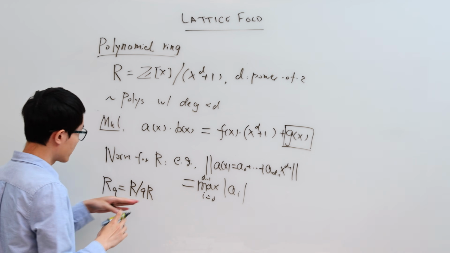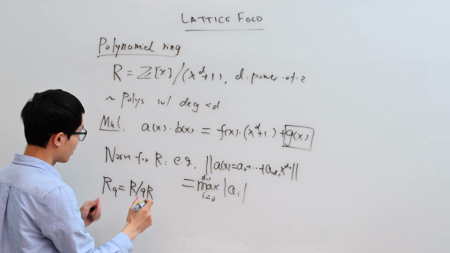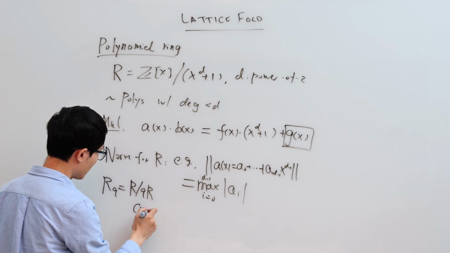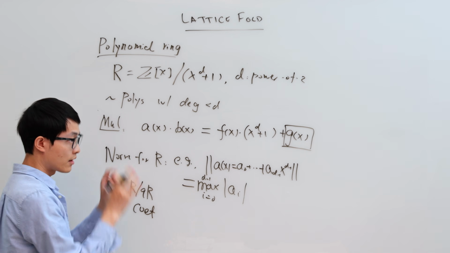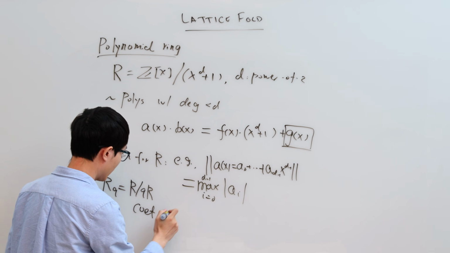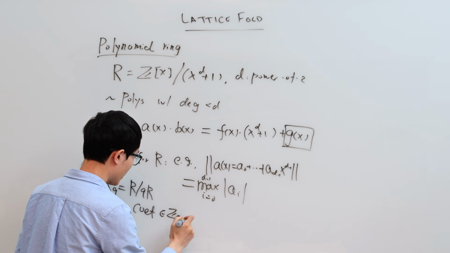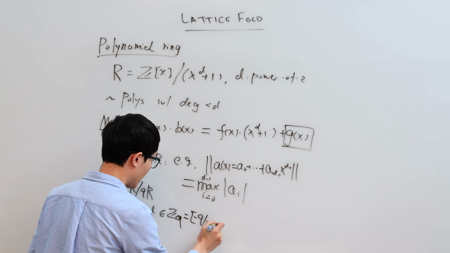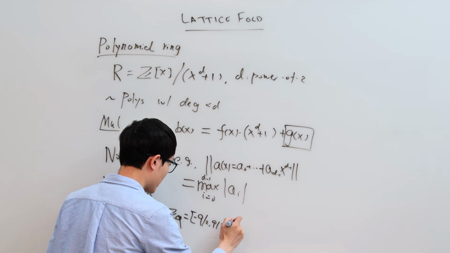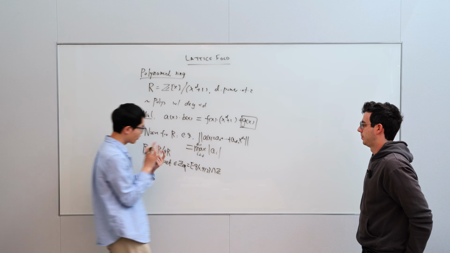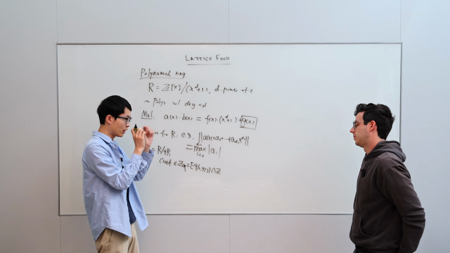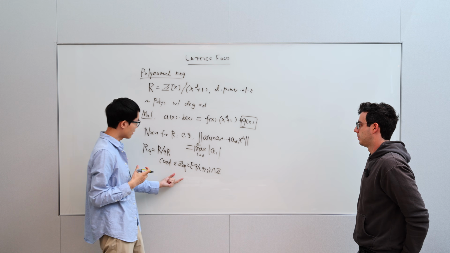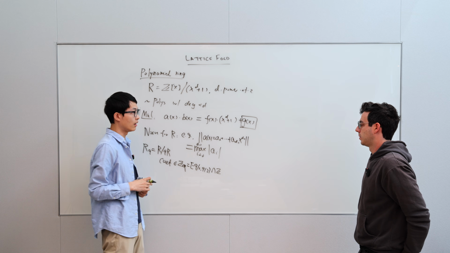So you can understand this as very similar to R, except that these are polynomials of degree less than d for which the coefficients are mapped to a small interval, or at least represented in Z_q, which is defined to be the interval of minus q over 2 to q over 2 intersected with the integers. Sure. So that means that every coefficient is now mapped to this small interval, doing Z_q arithmetic rather than integer arithmetic. And that makes it much easier to store, much easier to do arithmetic.